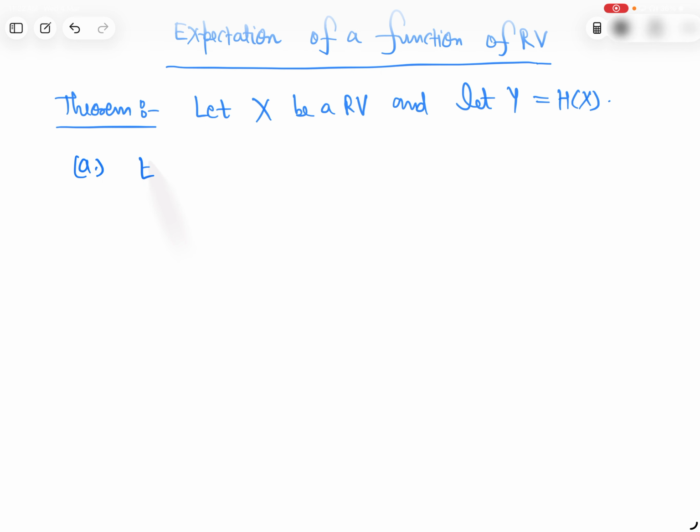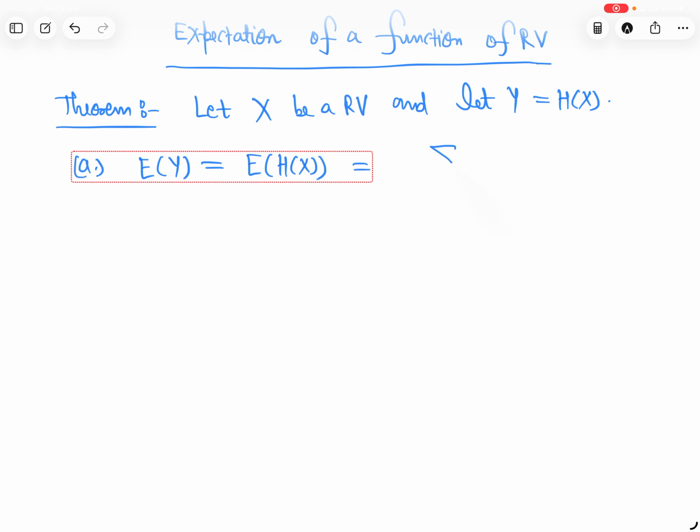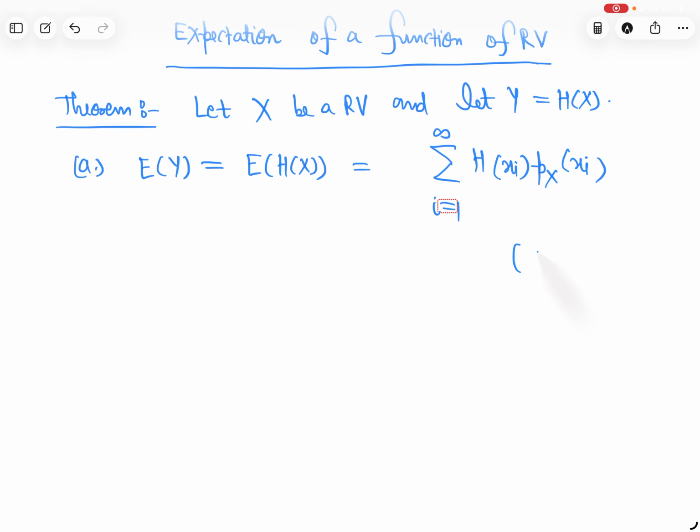First part, expectation of Y. How to write expected value of Y? Y is a function of X, it means function of random variable X. How to write its value? Yeah, it is simple. Summation i goes from 1 to infinity, h(x_i) p(x_i), if your random variable X is discrete, this value will be this.